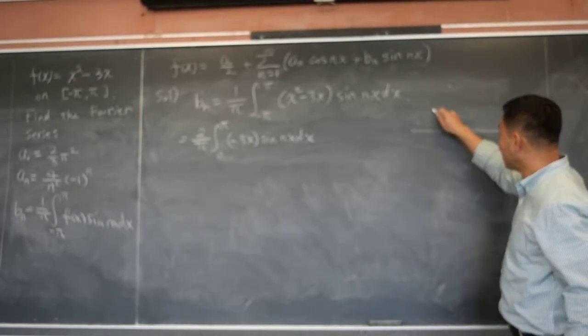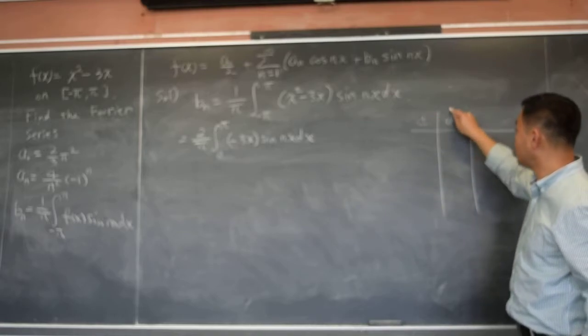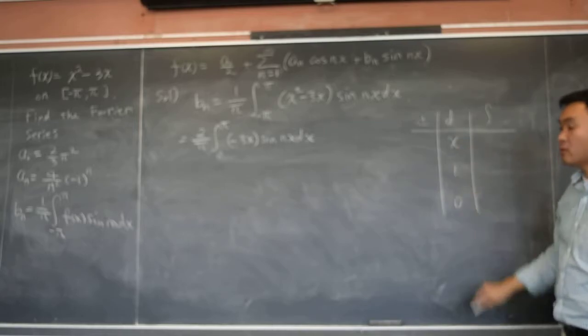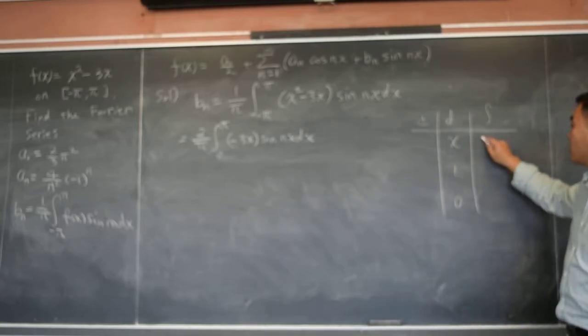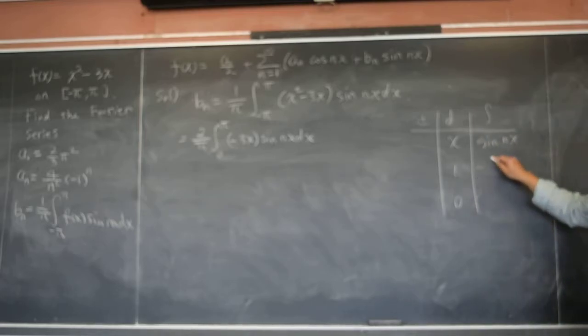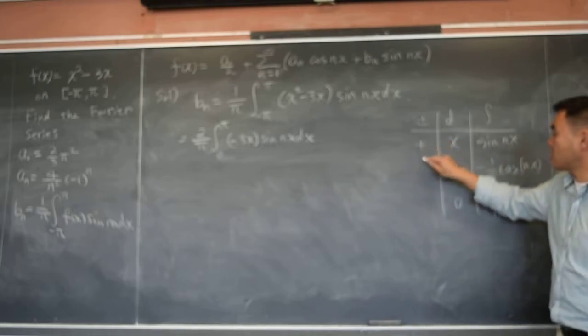Okay, now let's do the tabular integration again. Plus, minus, derivatives x, 1 and 0. Okay, and you're integrating sine nx, which integrates to negative cosine, with 1 over n appearing because of this n. It will be negative cosine of nx. Integrating this again will give you negative 1 over n squared sine nx, and the signs will alternate.